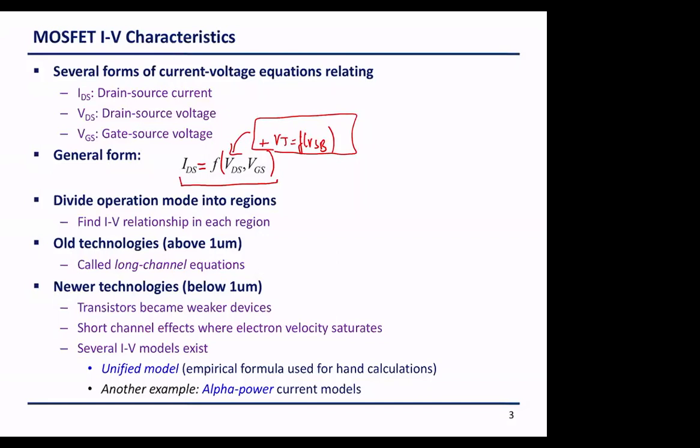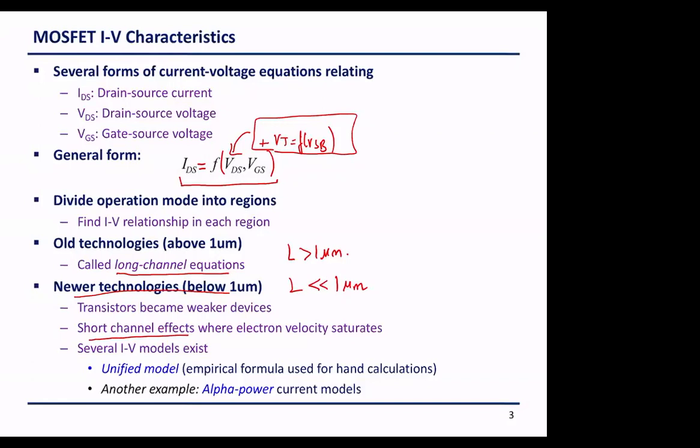And we said that if the device length is greater than 1 micrometer, we will have the long channel equations. But for the newer technologies where L is shrinking and becoming much smaller than 1 micrometer, the transistors are becoming weaker and we have some short channel effects.